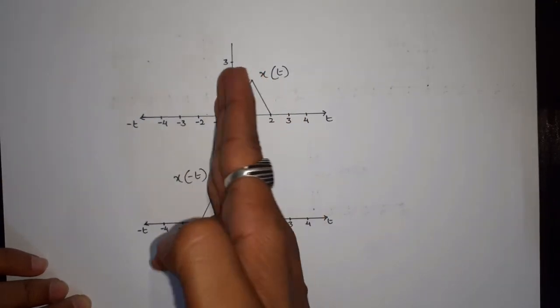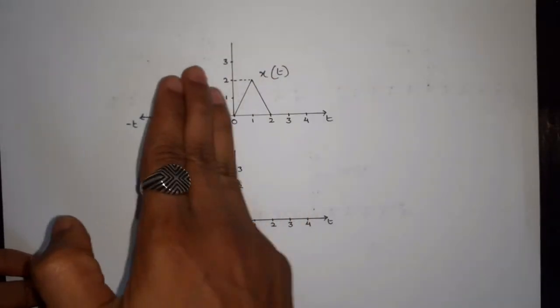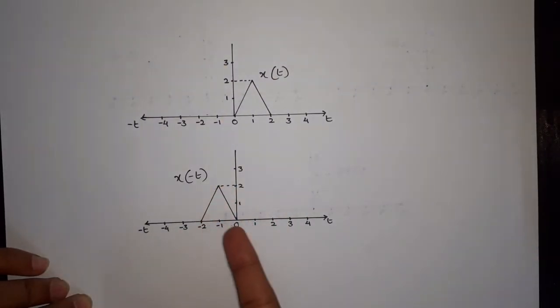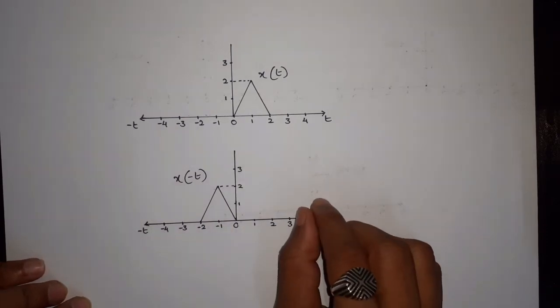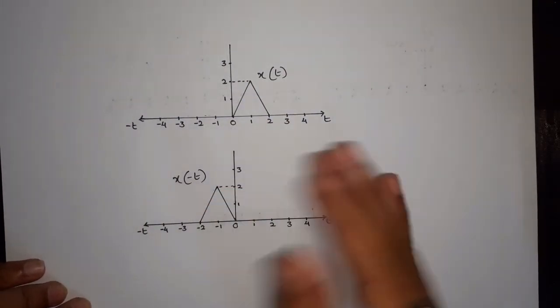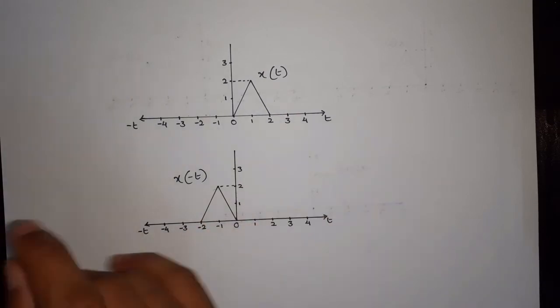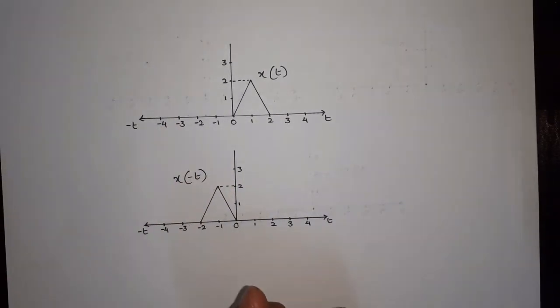If I fold it just above the amplitude axis, the signal will appear like this, which is similar to the one I have written below. Hope you can imagine the sequence that appears when we fold the line. Hope many of you have done paper folding and made drawings with the paper folding idea.